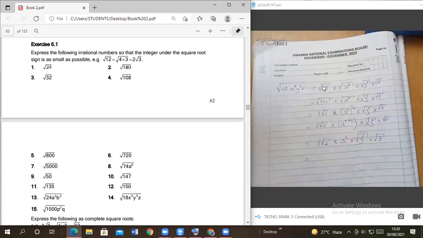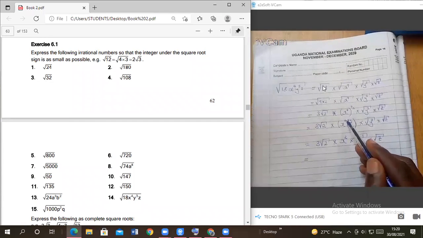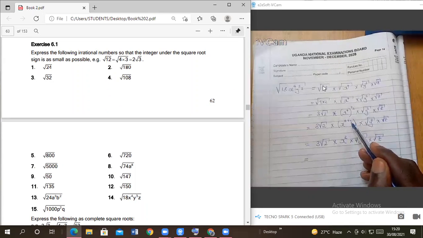Why don't you just put a square root instead of that 2 on top of x? The reason I put it here is that I want to reduce this power 4, because that power can be reduced by this half.